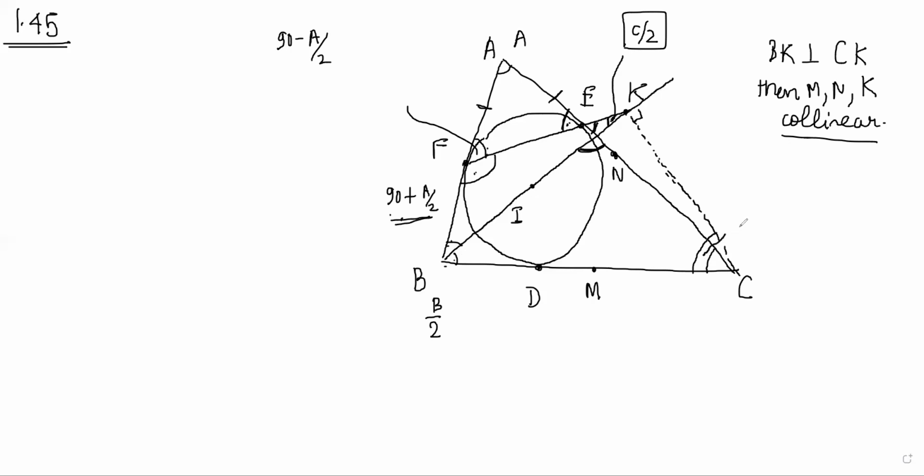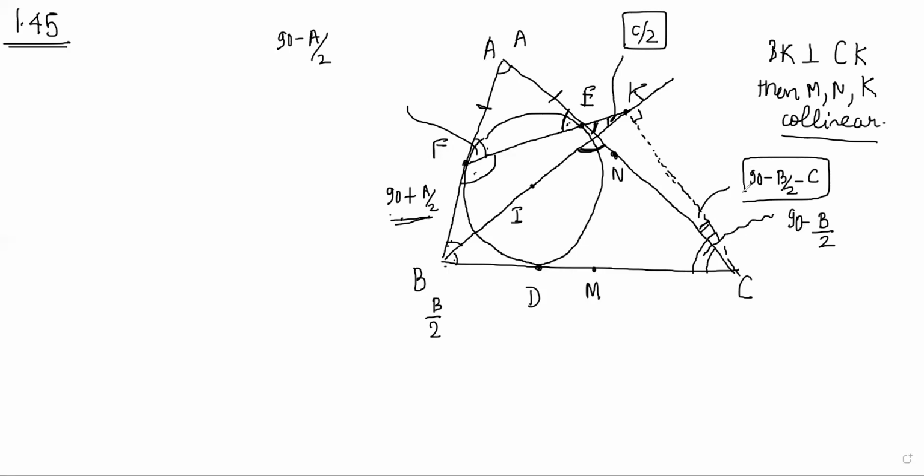This overall angle is 90 minus B by 2 somehow. So I have to show that the small angle here should be 90 minus B by 2 minus C by 2, right?